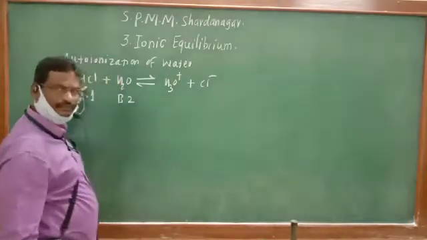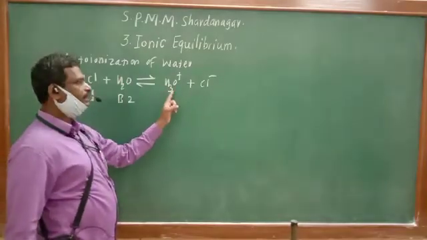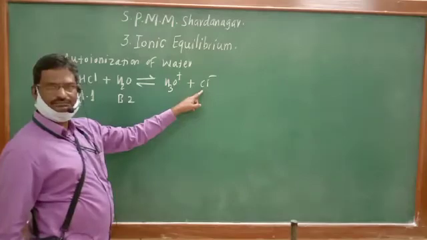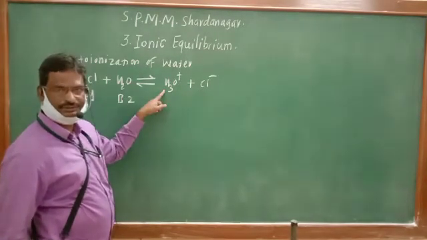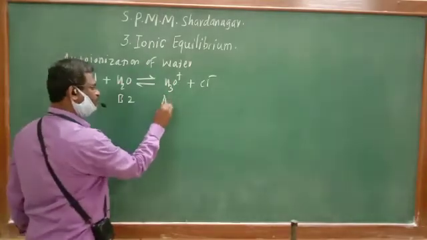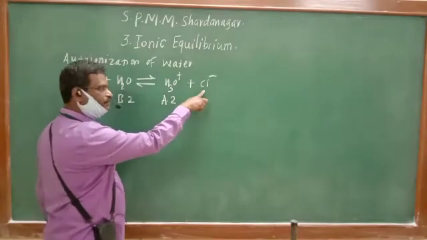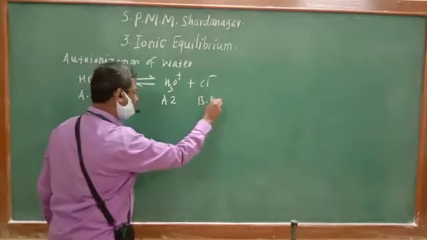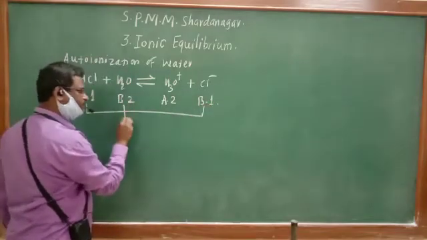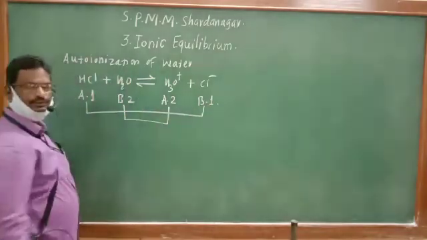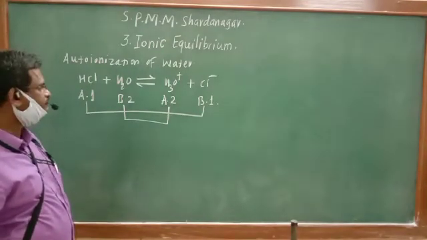On the right side, between hydronium ion and Cl- ion, H3O+ is the donor of proton, therefore it is also known as acid. Now this is the acceptor of the proton, so this is nothing but the base. Acid 1 and base 1, base 2 and acid 2 are known as conjugate acid base pairs.